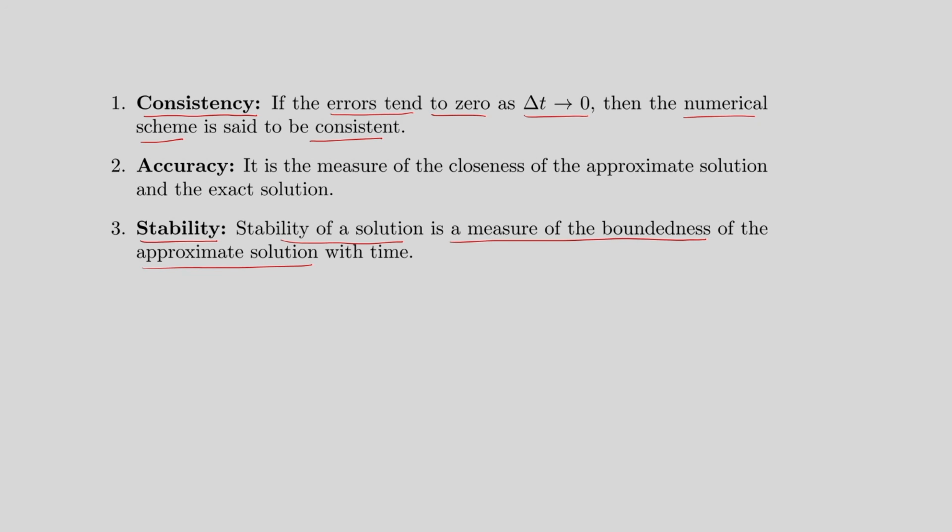This kind of scheme, where there is a limit on delta t under which you get a bounded approximate solution, is called conditionally stable. Conditionally stable means you have a condition on delta t, below which, if you choose the time step, your numerical scheme will give a bounded approximate solution.